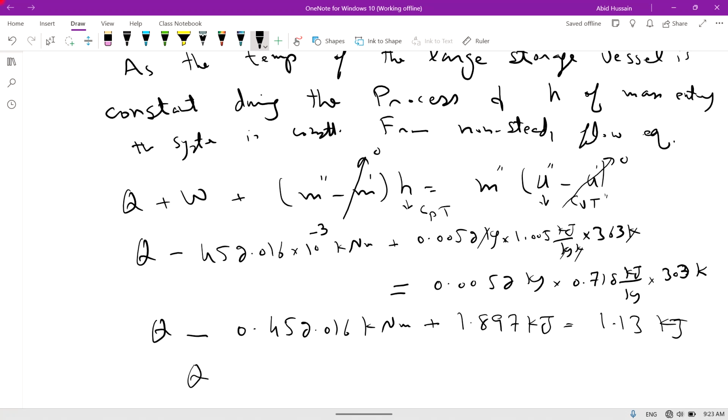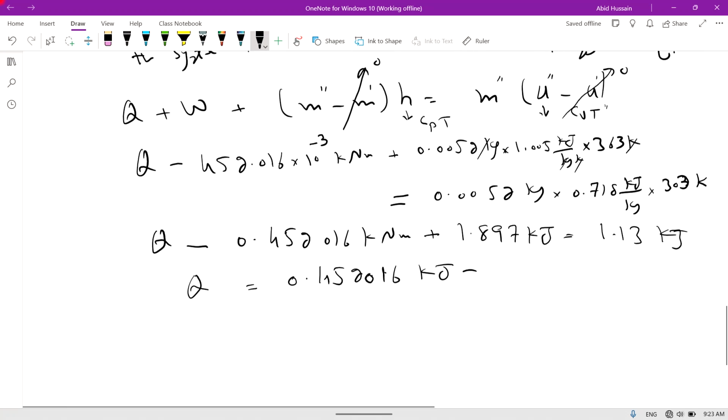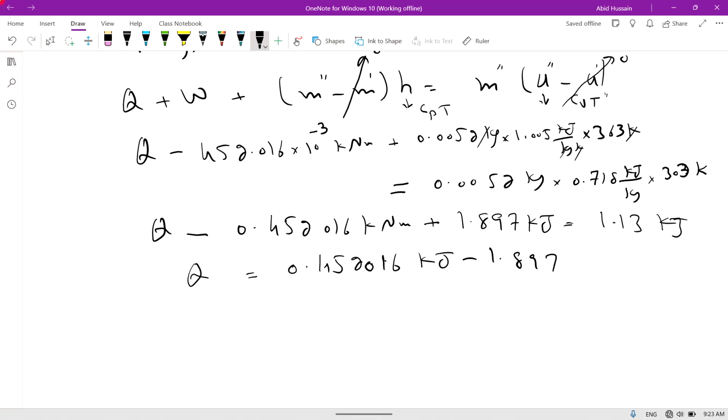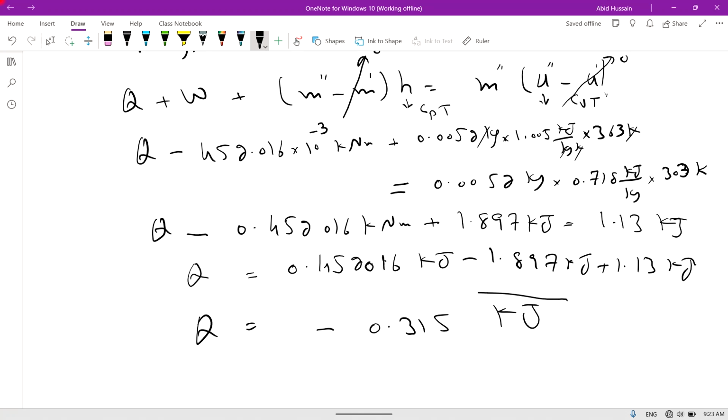So Q is equal to, writing this on the other side, plus 0.452016 kilonewton meter, and plus will be minus on the other side, minus 1.897 kilojoule plus 1.13 kilojoule. Add these two terms and subtract 1.897 from the sum. So the final answer will be minus 0.315 kilojoule. This is the final answer.